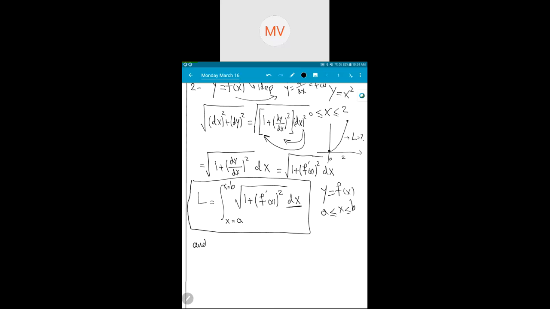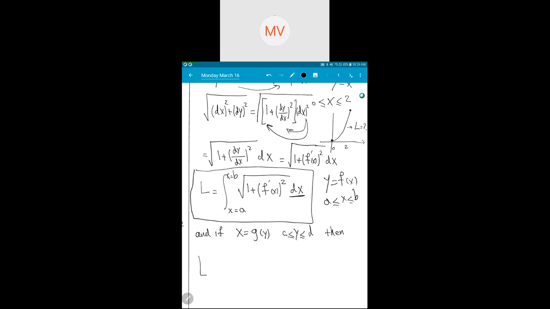If x equals, let's call it g of y, y between, let's say, c and d, then the length formula for that case becomes, so I'm going to call this case 3. This was 2.